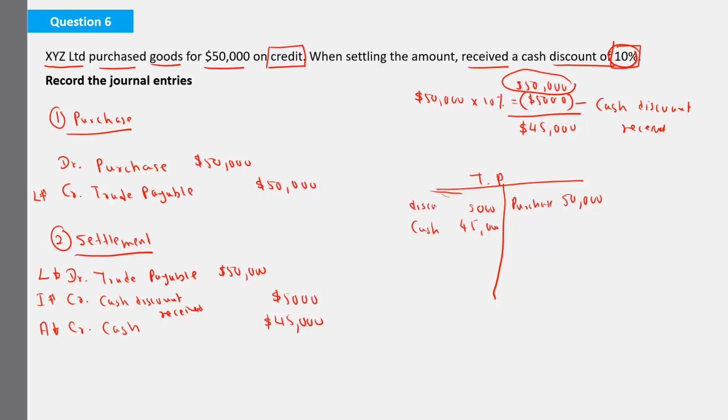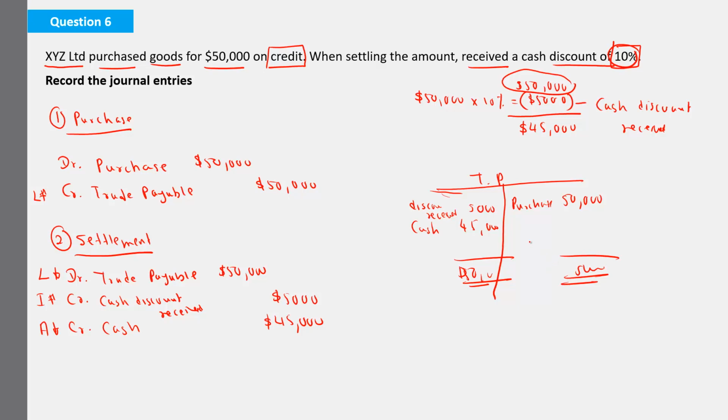Discount received income. So my trade payable account will get balanced. How much is that? For $50,000. So that account is totally balanced. So from this question, what's the learning that you have to get?